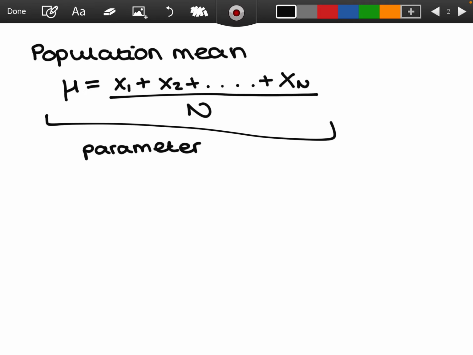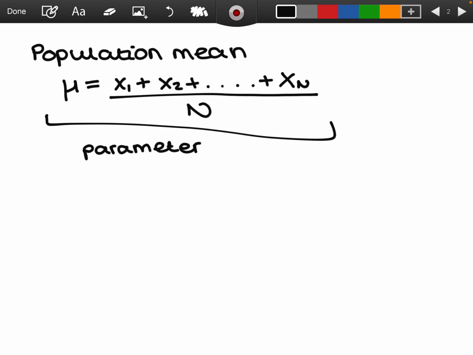But anything that is a numerical value used to describe a sample is a statistic. That's actually what we use the word statistic for. And then anything that's used to describe a whole population is called a parameter. So the population mean is a parameter and the sample mean is a statistic.